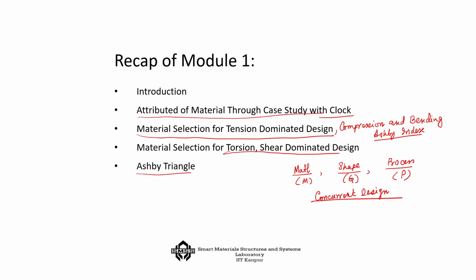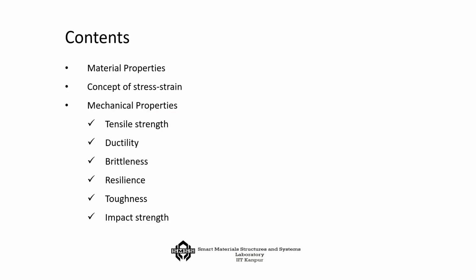Now, with that recap, let us come to the new part, that is today and this week we will look into all the mechanical properties that will be relevant for us, for different types of product designs. While talking about it, I have to talk about one of the important groups of properties which are related to deformation and strength.